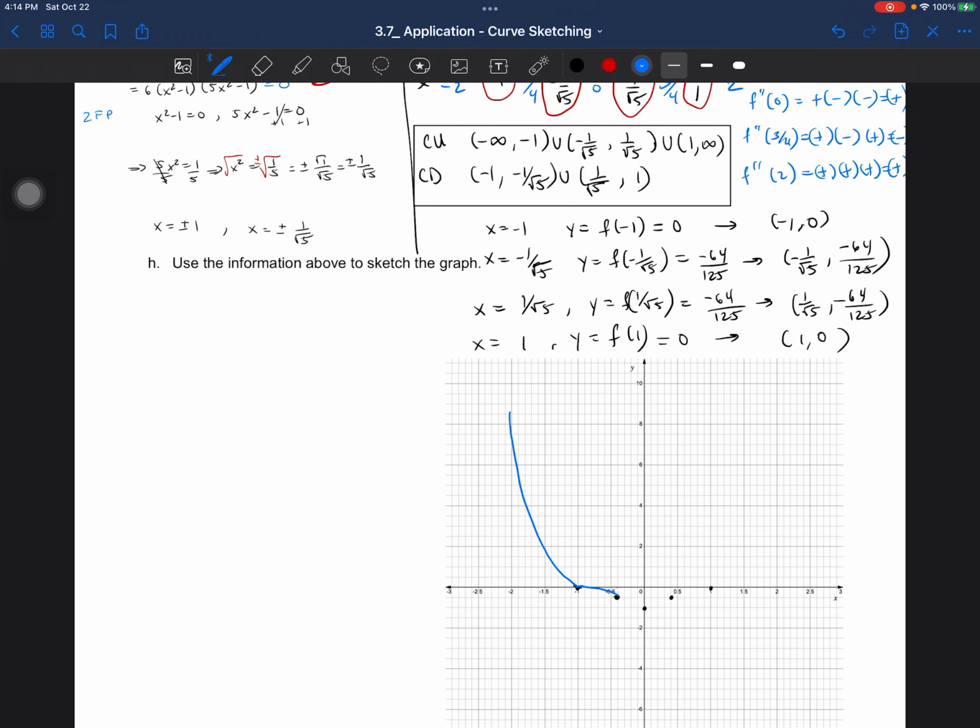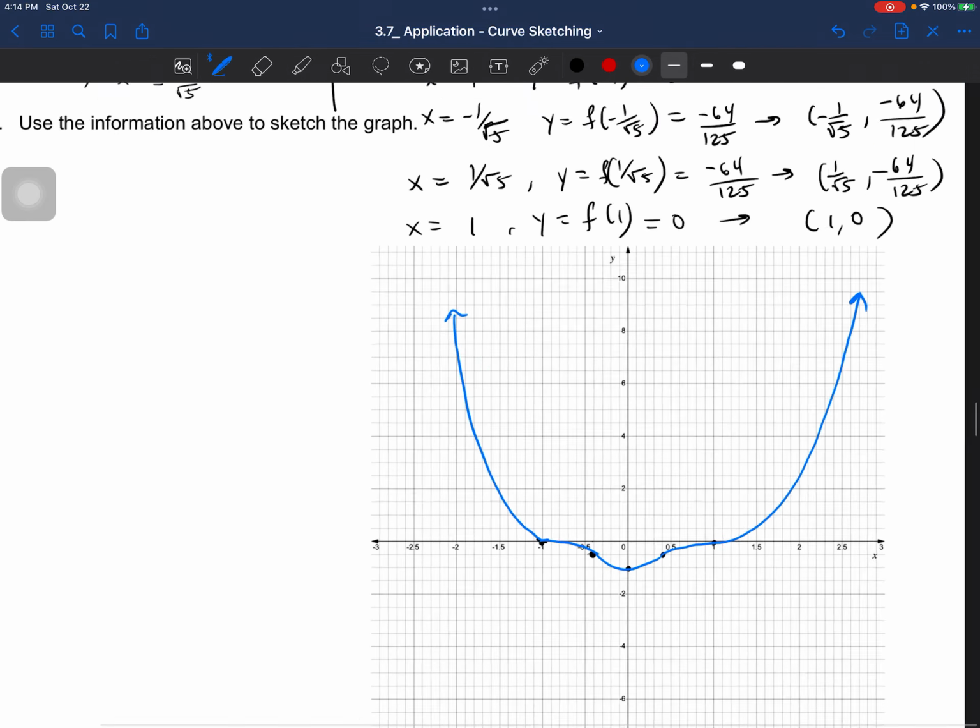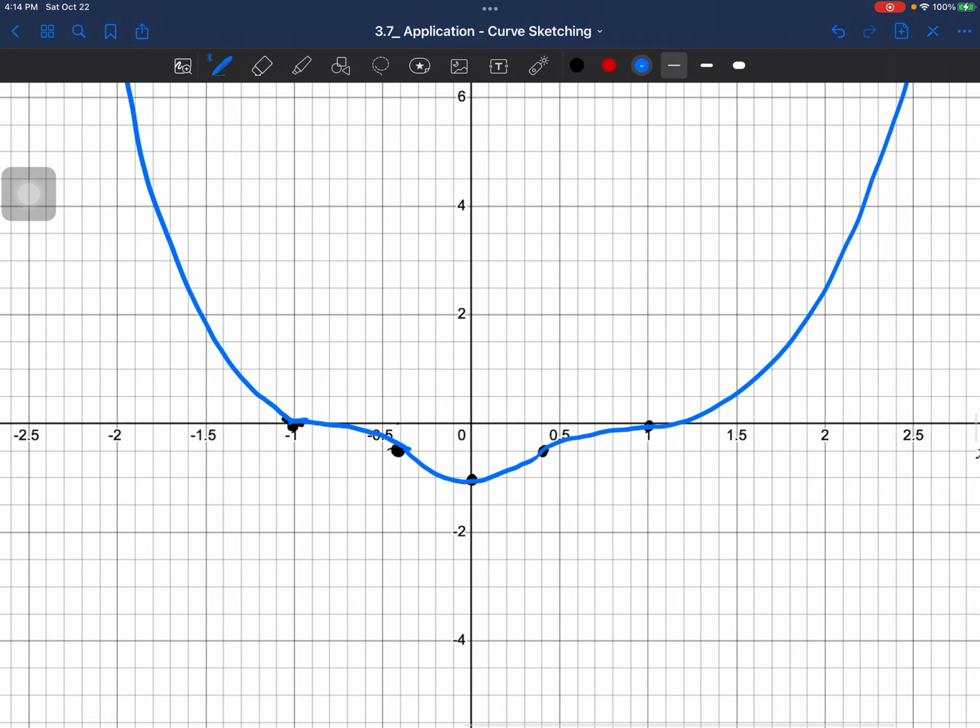Right, so let's use a different color here. So we have a concave up right here, followed by a concave down right here, followed by a concave up right here, and then followed by a concave down right here, and followed by a concave up right there. Right, so all the points are given there.